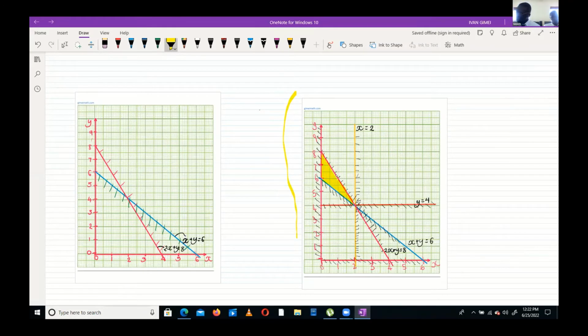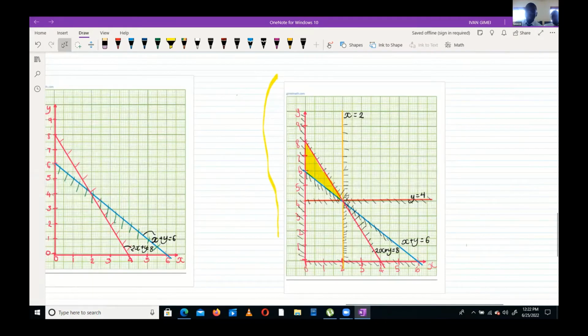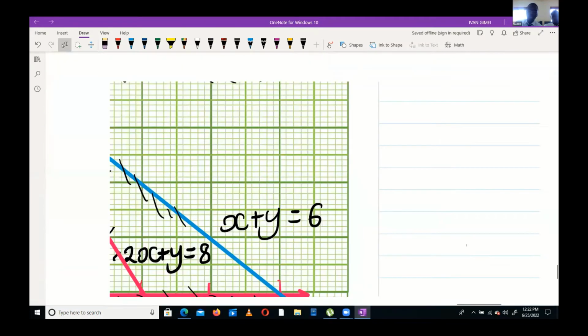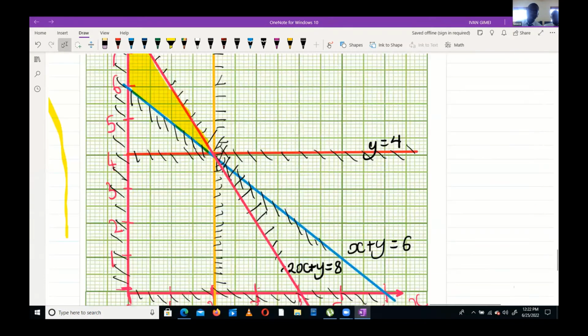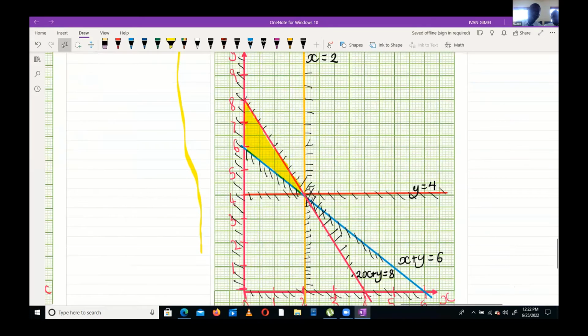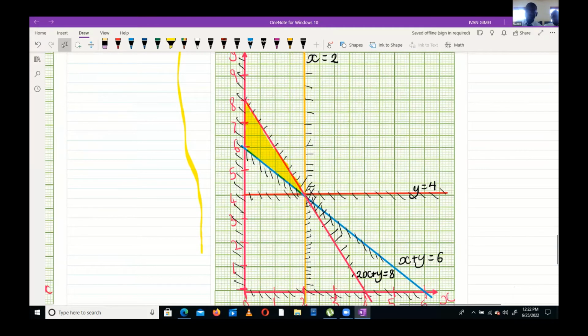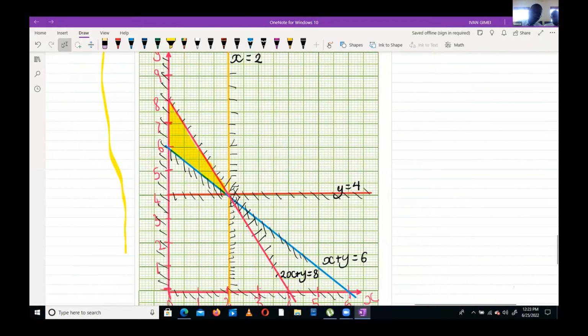I've shaded out the unwanted region. So part 3 tells us to list the possible combinations of apples and oranges due to different patches. That means the whole points that are in the feasible region, because we can't buy 0.5 apples or 0.5 oranges. So we have to look for the whole points.